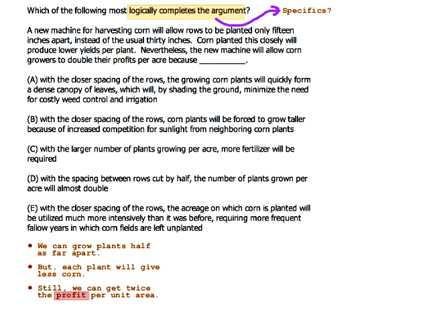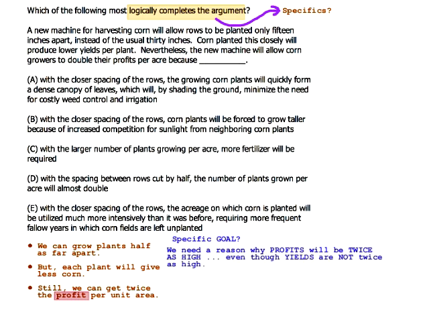So the specific goal is we need a reason why profits will be twice as high, even though yields are not twice as high. So there you go. This is what we need.